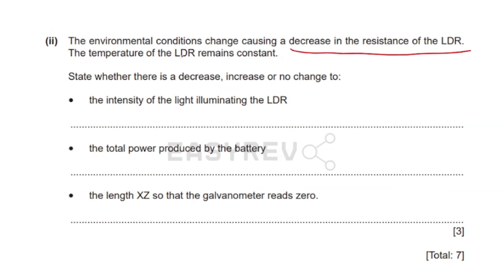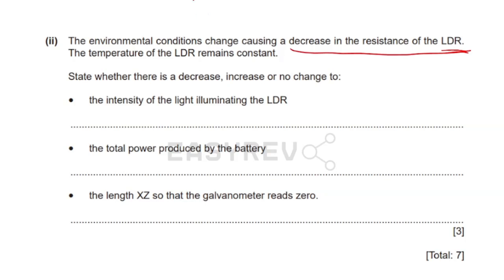The environmental conditions change, causing a decrease in the resistance of the LDR. The temperature of the LDR remains constant. State whether there is a decrease, increase, or no change to the intensity of the light illuminating the LDR. So let's do that first. An LDR is a light dependent resistor, right?